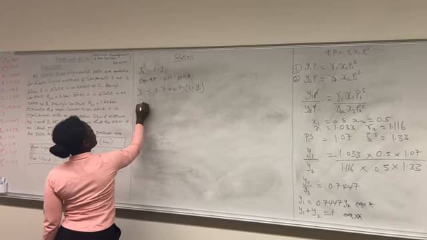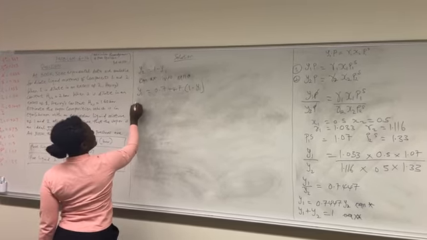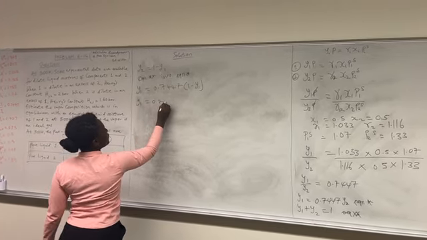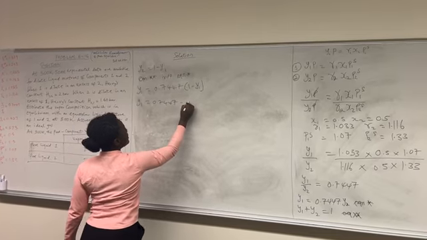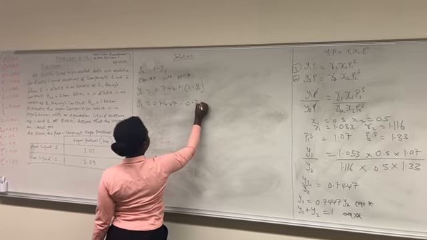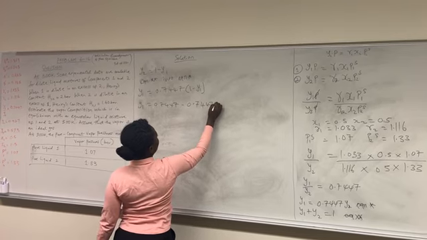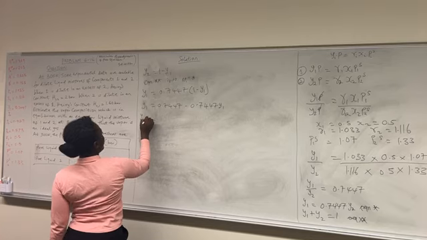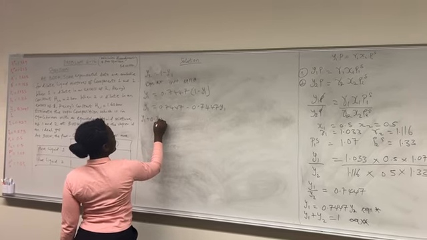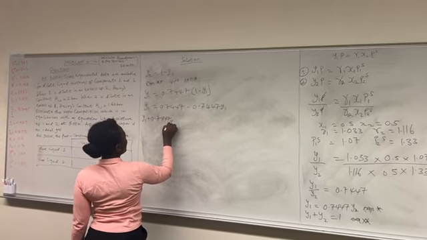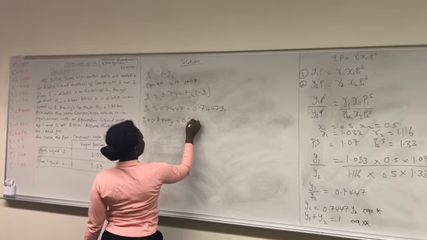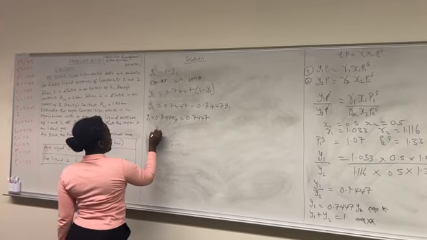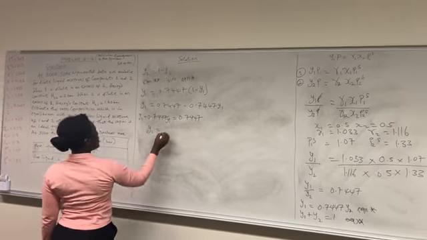And from here, grouping like terms, I'm going to get y1 plus 0.7447y1 equals 0.7447.